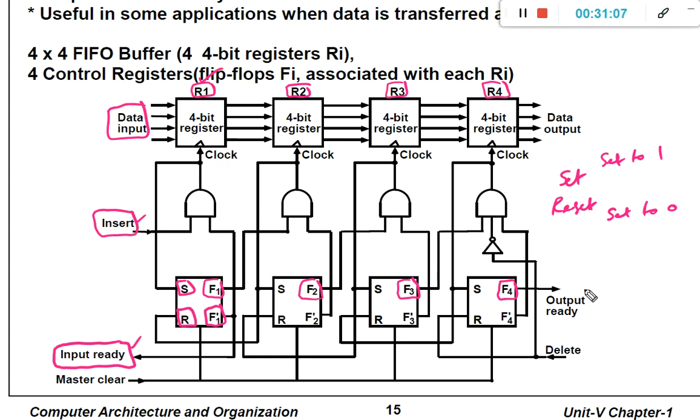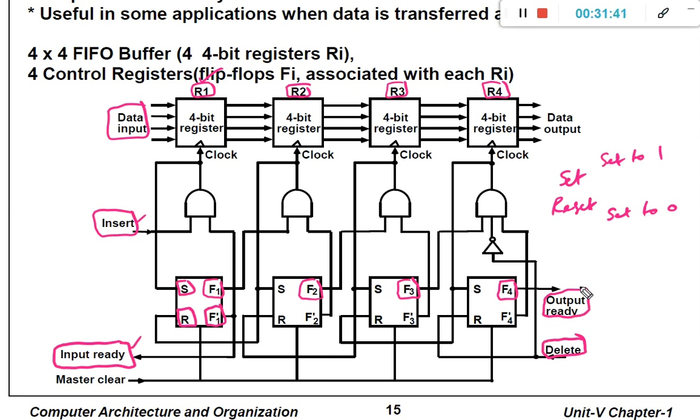Similarly, there are two output lines, output ready and delete. Based on the values of output ready and delete, the data will be transferred from R4 to the output lines. Whenever the output is ready, data will be sent from R4 to the output lines, and the data in R4 will be deleted because it is no longer needed.